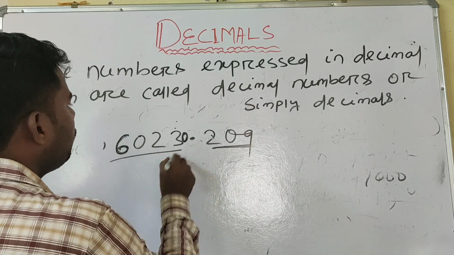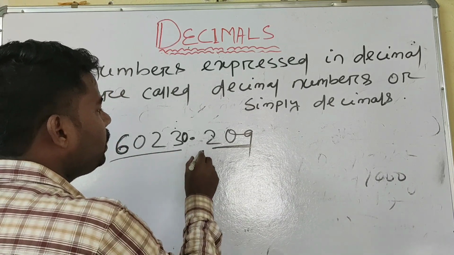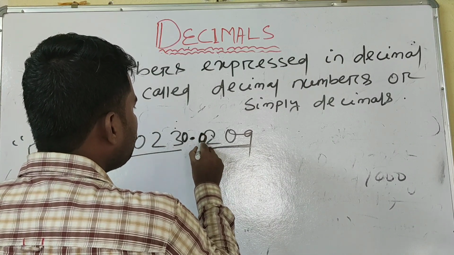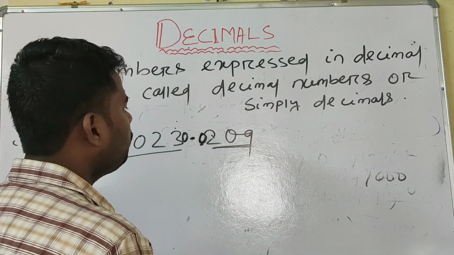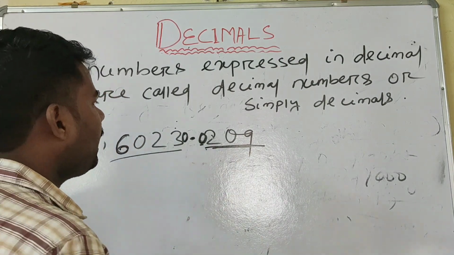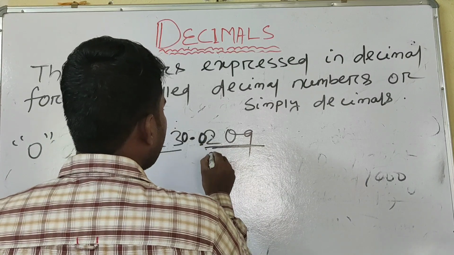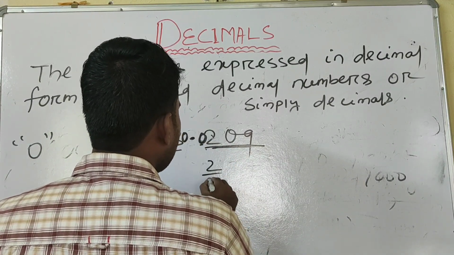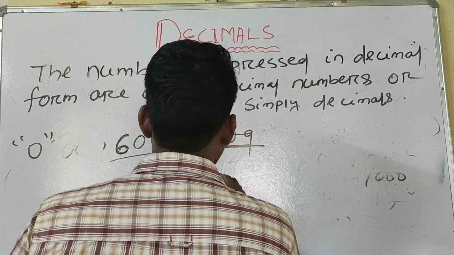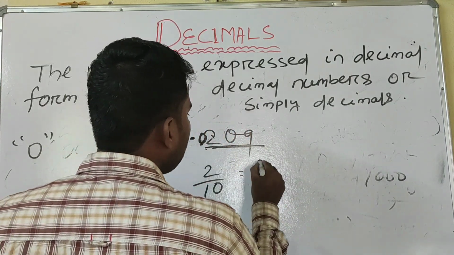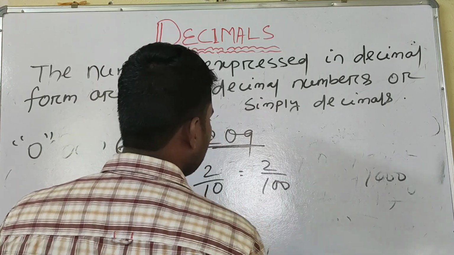And when we put 0 one step after the decimal point, it decreases the decimal number 10 times, because before, 2 is equal to 2 by 10, but now 2 is equal to 2 by 100.